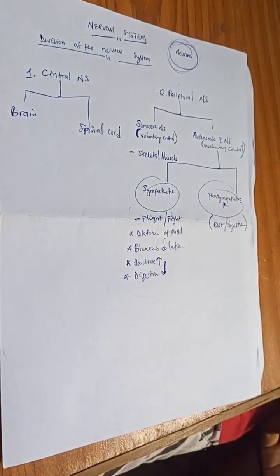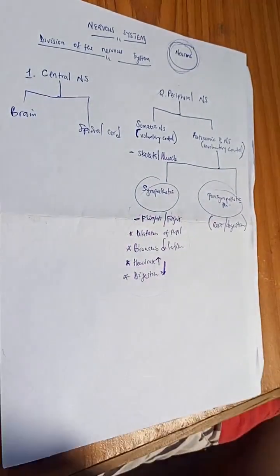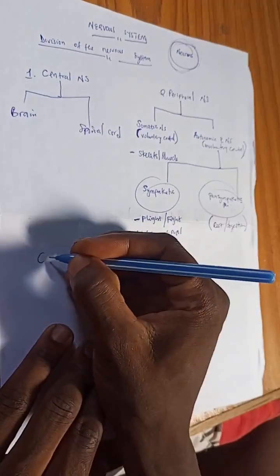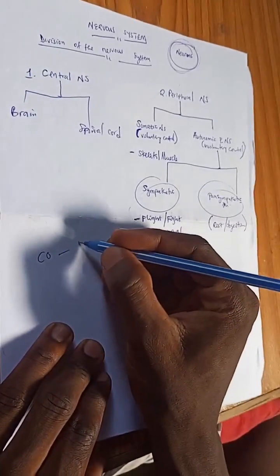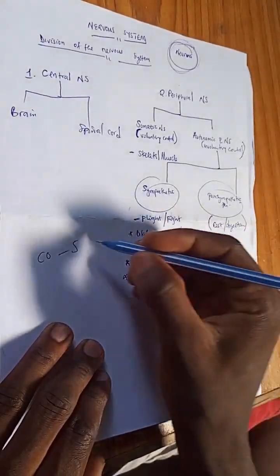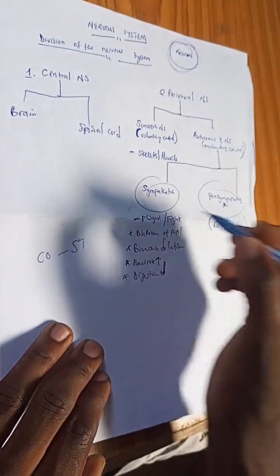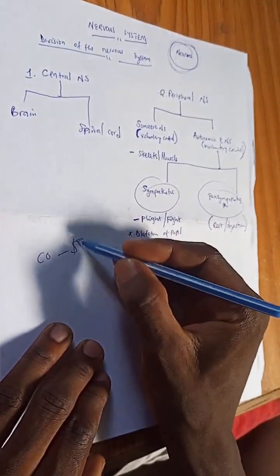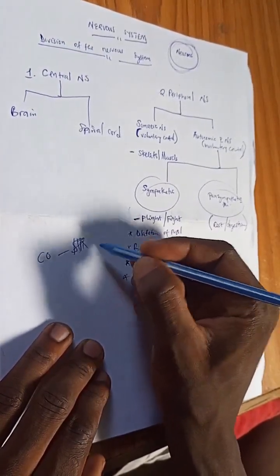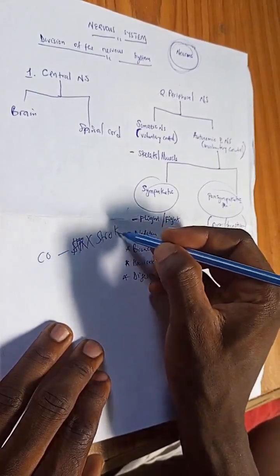Remember, the reason why the heart rate increased in the sympathetic is because we wanted the cardiac output to be increased. Remember, the cardiac output is heart rate times stroke volume.